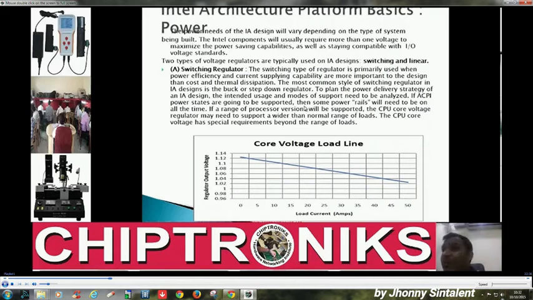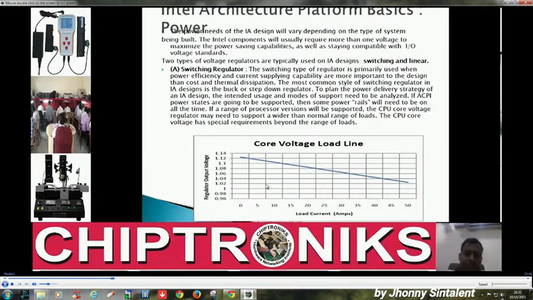Only in case of an inverter, where you require a high AC volt, right? That's why we require an inverter. But mostly in all the power areas of a notebook motherboard, we require a lesser voltage. So the buck switching regulator is used mostly in the Intel architecture.